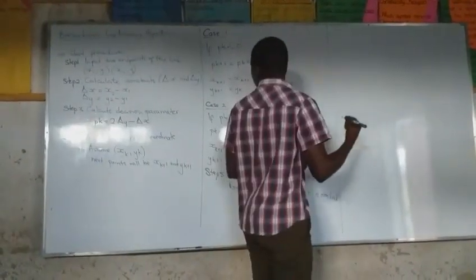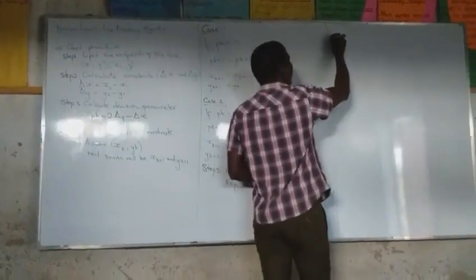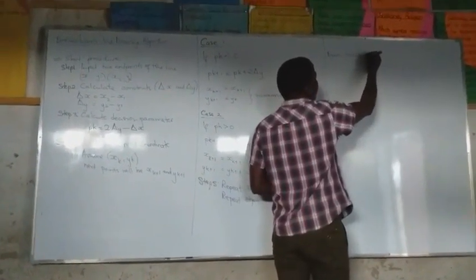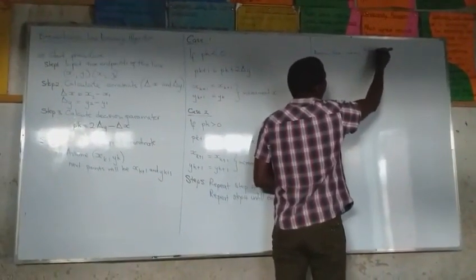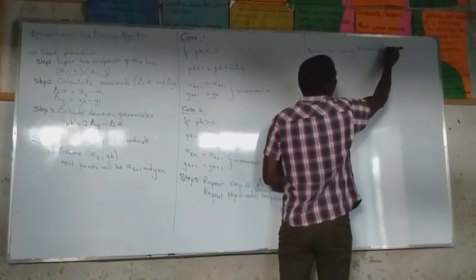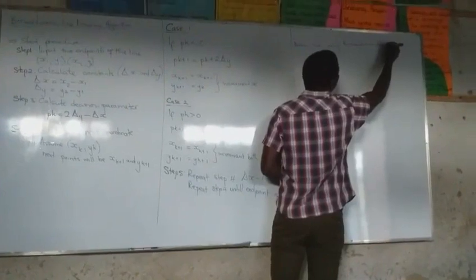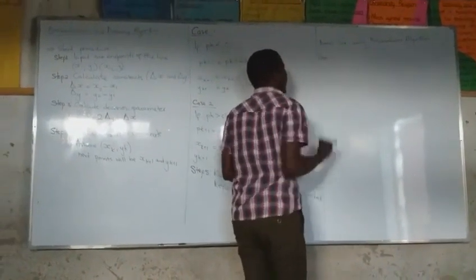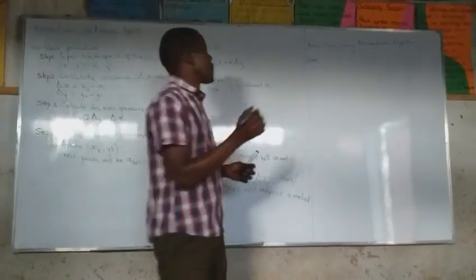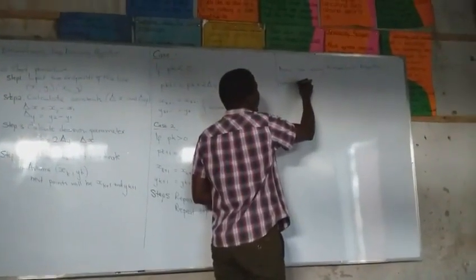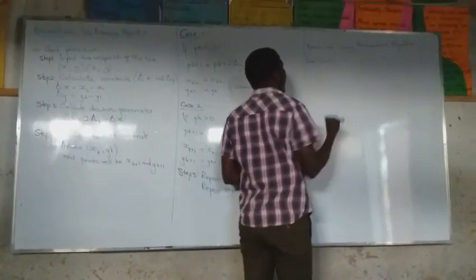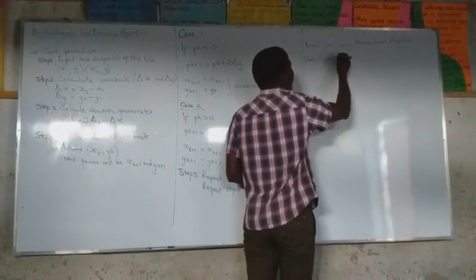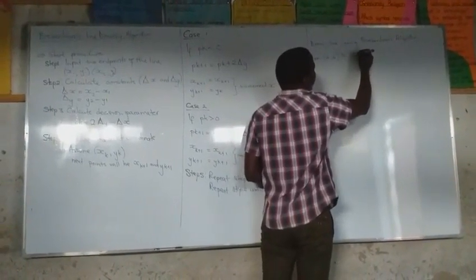You can be asked to draw a line using Bresenham's algorithm from, let's say, the coordinates 2, 6, and 7, 10.